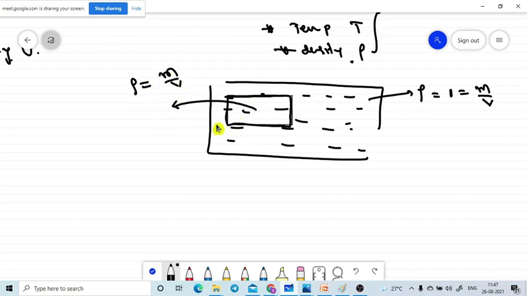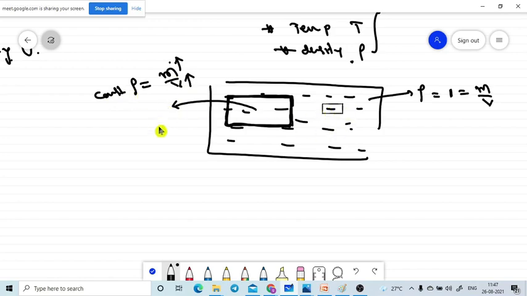Rho will always be constant throughout the system, because if we increase the volume, the mass will also increase in the same manner. We are taking the bigger volume, so the mass increases, but the division of these two always comes to a constant value. Now I am taking the smaller portion of the volume.